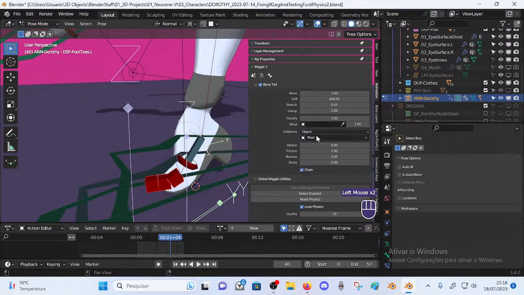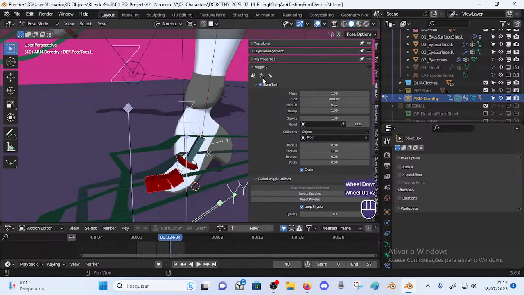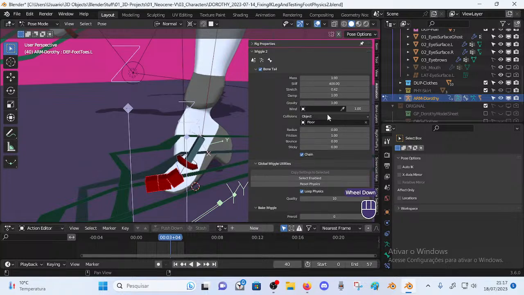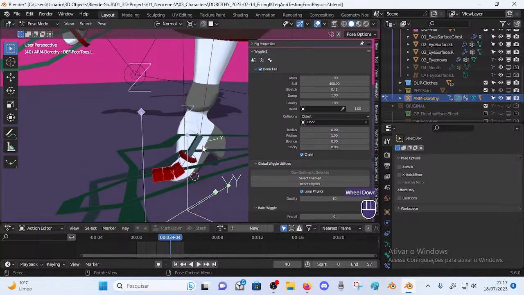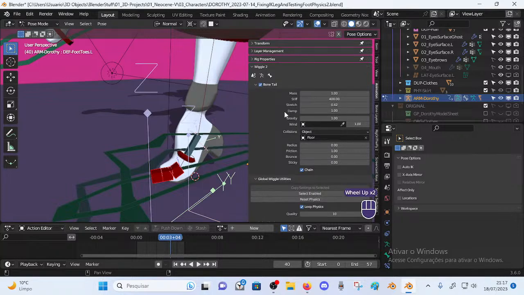It's a pretty cool idea, I think this is from physics anyway, but it's good that we have this implemented in the Wiggle 2 add-on this way. It's pretty logical and elegant. Then stickiness, many things here will disrupt the rig, so it was not very simple to find this out.